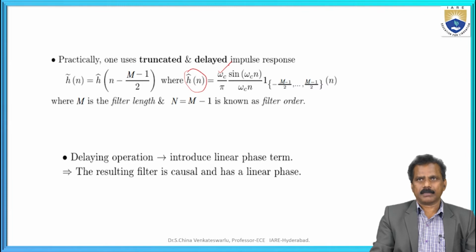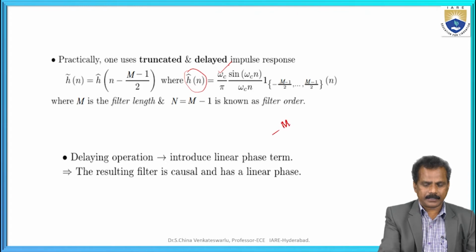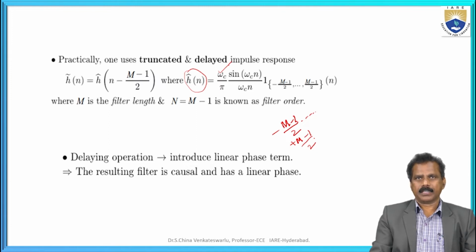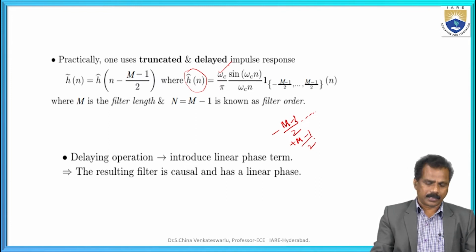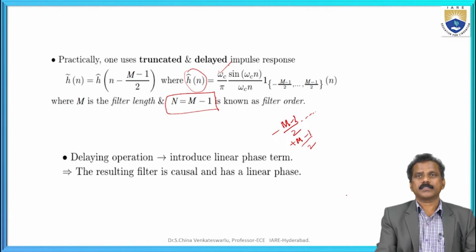We have to substitute n minus (M minus 1) by 2, where capital M is the filter length, and N equal to M minus 1 is known as the filter order.